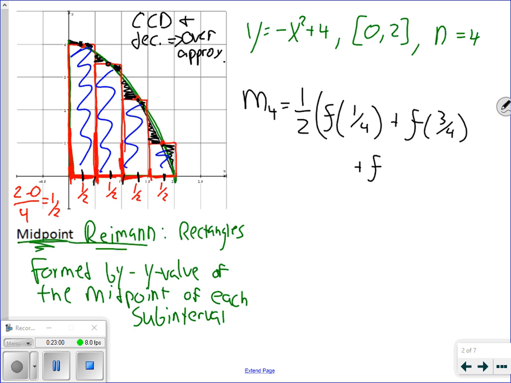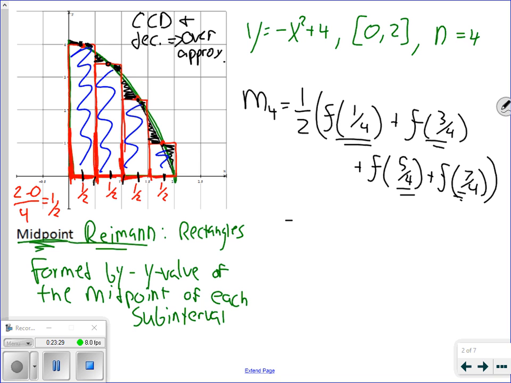And halfway between 1 and 1.5 is 1.25, which is 5/4. And halfway between 1.5 and 2, isn't that 1.75 or 7/4? But I'll let you figure out what these y values are and add them together if you want.